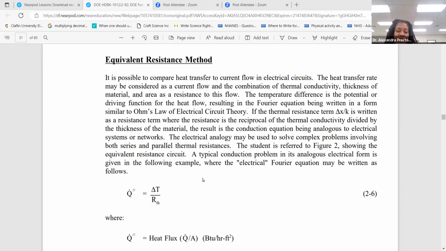The typical conduction problem in its analogous electrical form is given by the following, where the Fourier equation is written as q is equal to delta T over R_th, where q is heat flux, represented by Q over A, and the units are BTU per hour foot squared.